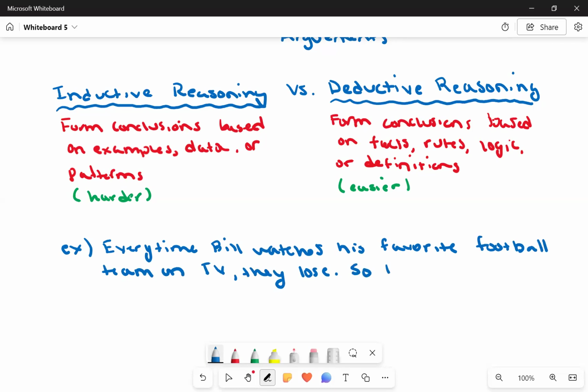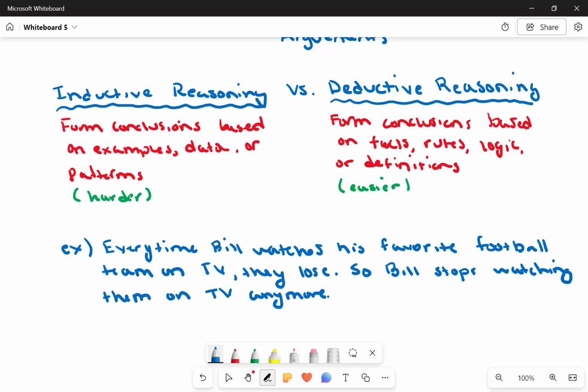So Bill stops watching them on TV anymore. Maybe he uses that as an excuse to go in person. Maybe he listens to them on some sort of radio broadcast.